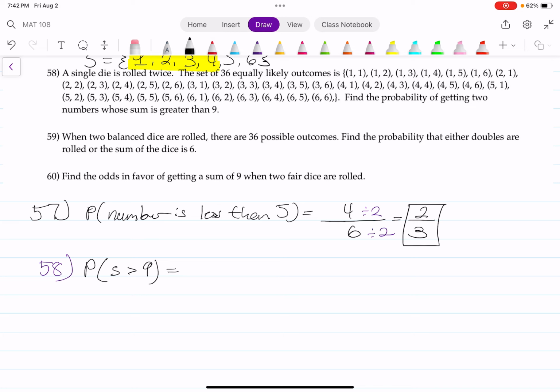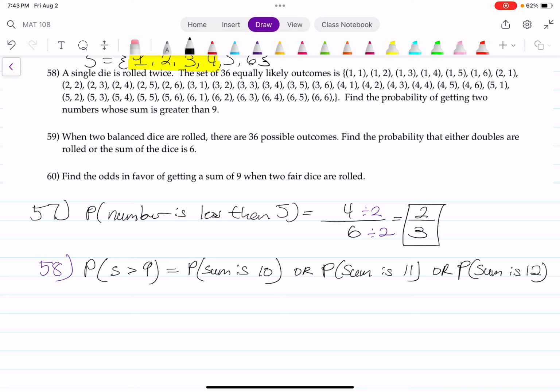Now, it says the sum must be greater than 9. If the sum must be greater than 9, that means the sum is 10, or that's the probability that the sum is 11, or that's the probability that the sum is 12.